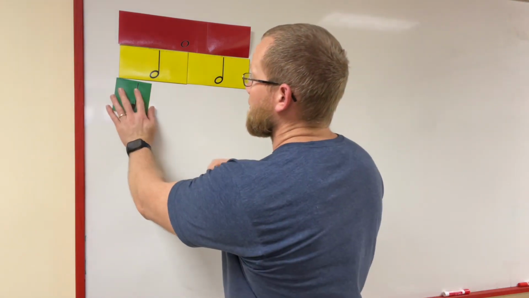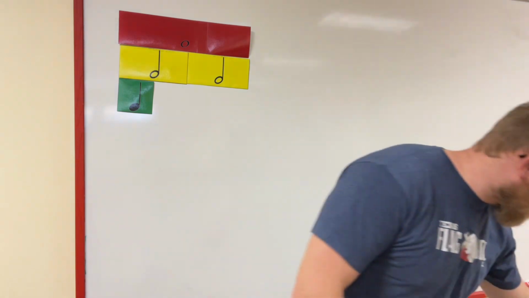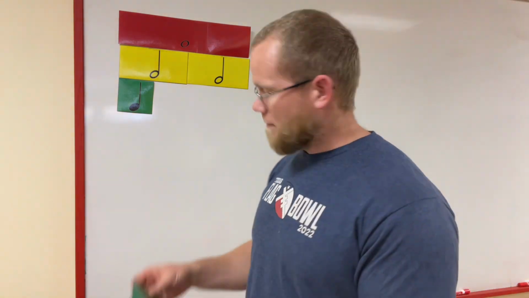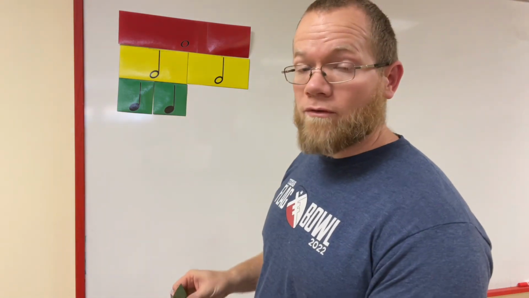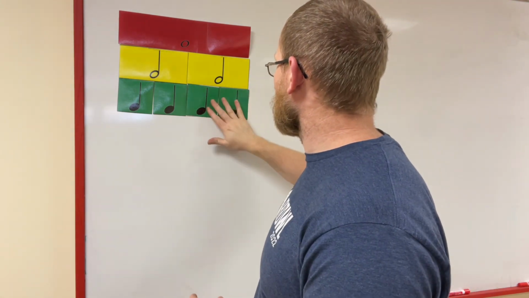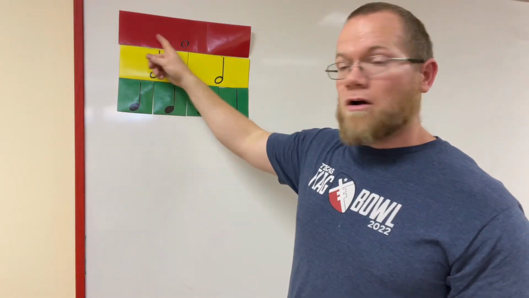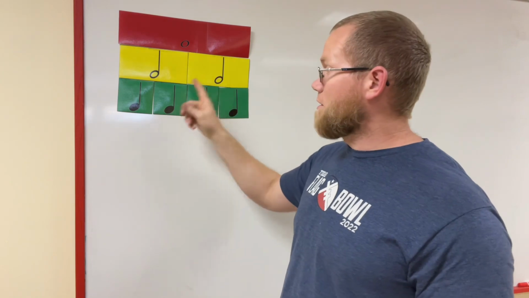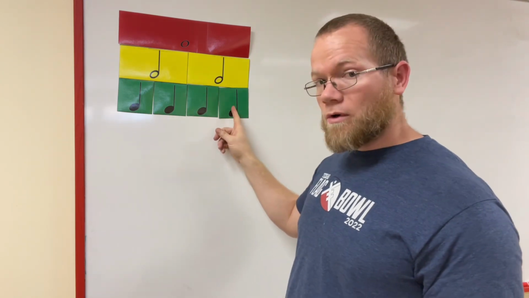But if we divide a half note into 2, it becomes a quarter note, okay? 1 over 4. And there are 4 of those in one whole note. If you notice, these are all the same length. That's because a whole note lasts as long as 2 half notes and as long as 4 quarter notes.